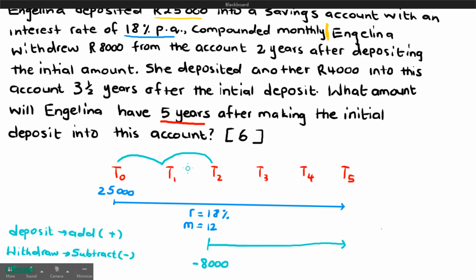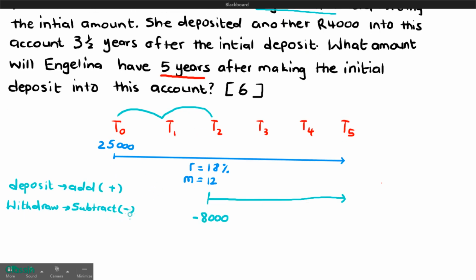She withdrew after how long? After 2 years. That is why we start at T2. But this withdrawal takes place at what rate? At a rate of 18%.